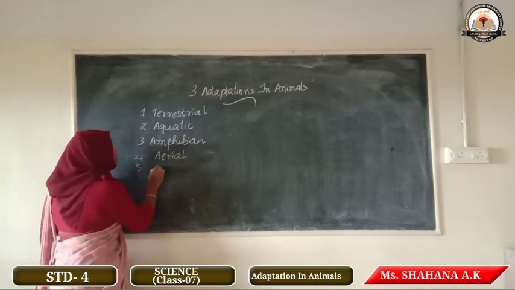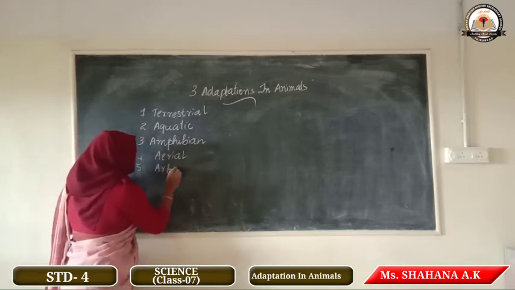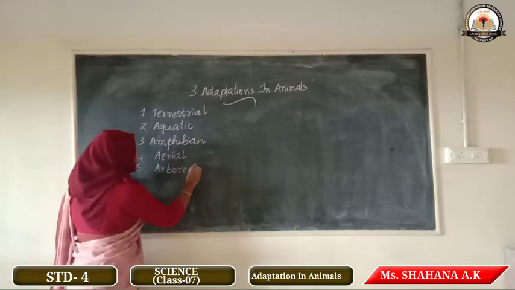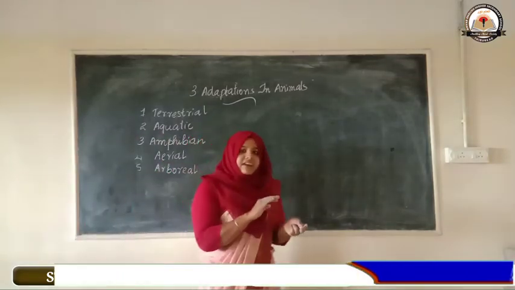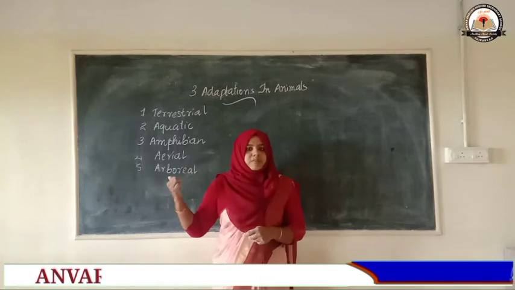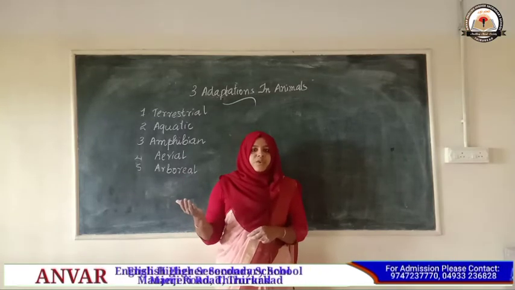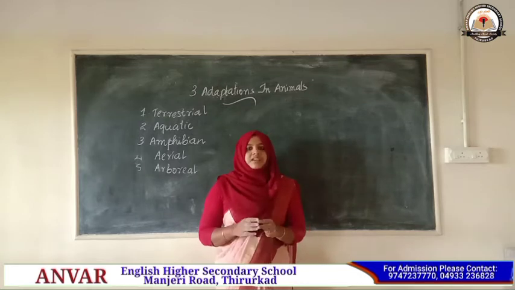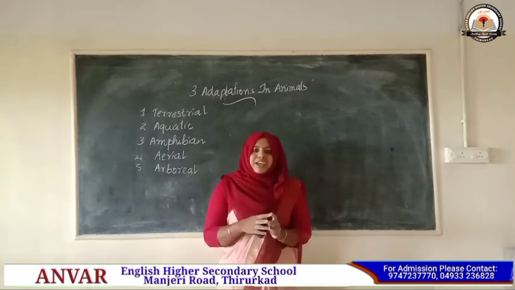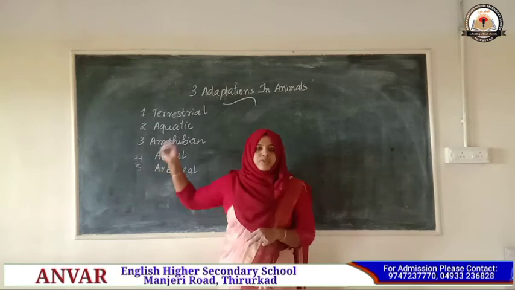And fifth one, arboreal. These are different groups of animals. They are categorized into different groups based on the specialities or their adjustment with their surroundings. Is it clear? And we have to study in detail about all these groups of animals.